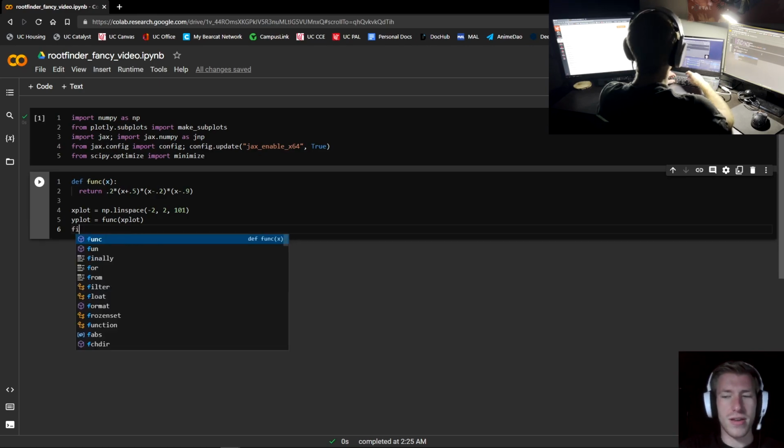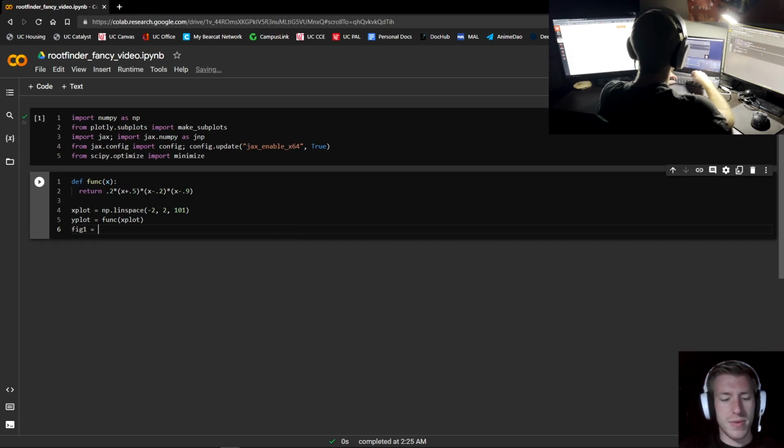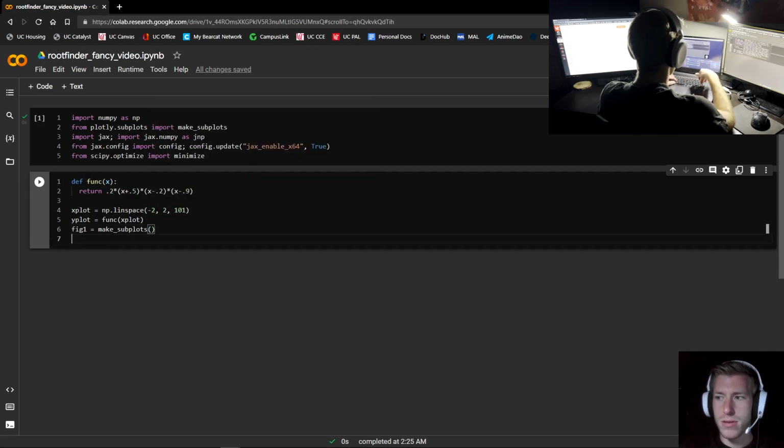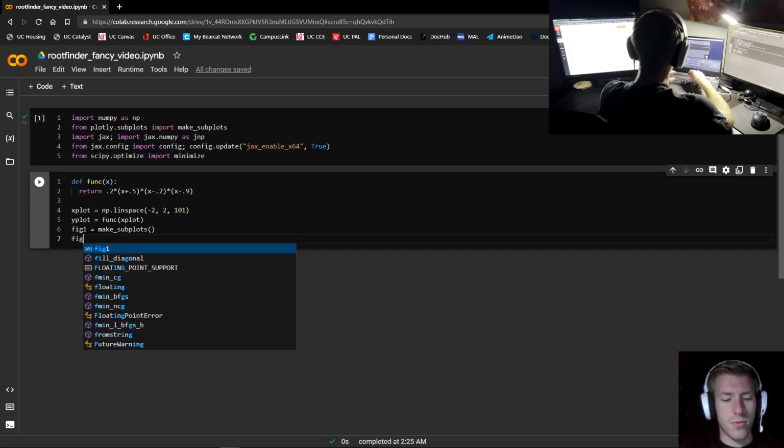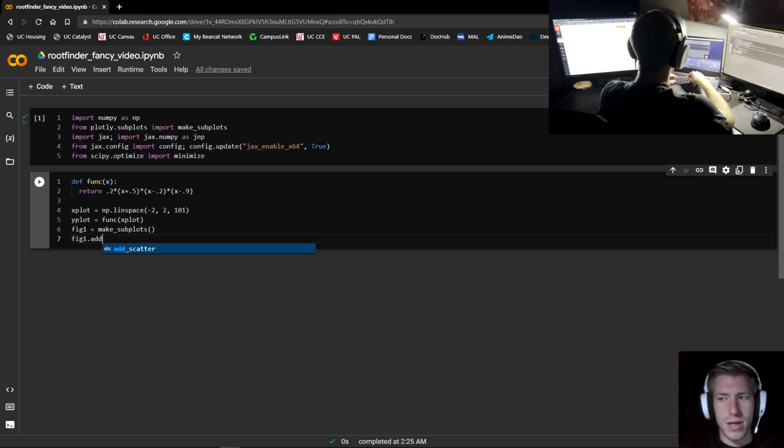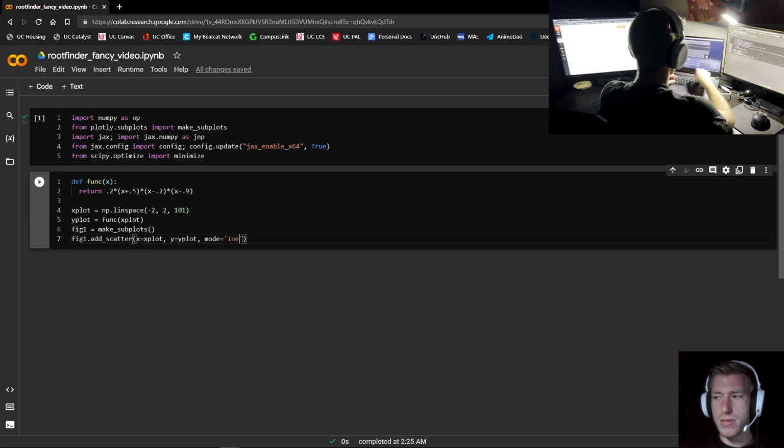So fig1 is going to be equal to make_subplots. And then fig1.add_scatter. I'm going to do x equal to xplot, y equal to yplot. Mode is going to be equal to lines.